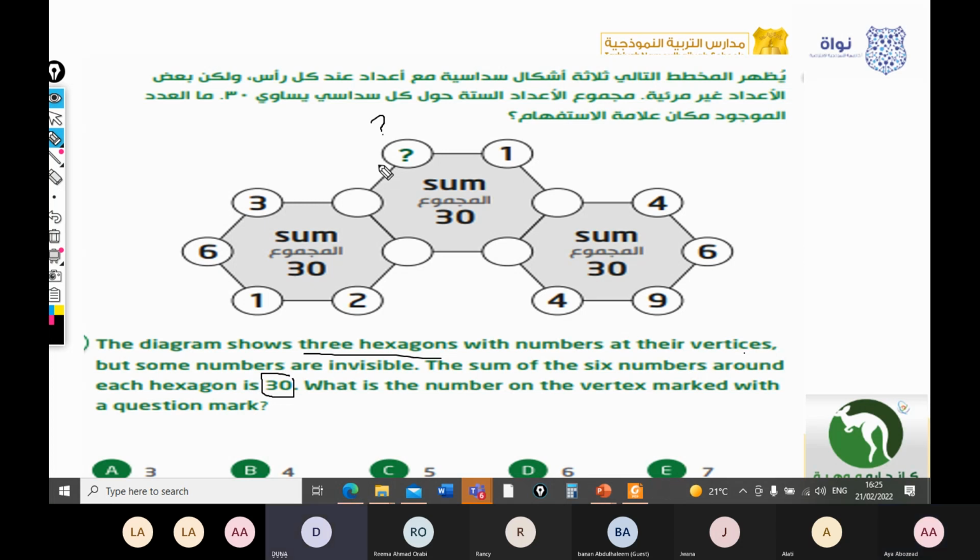So we can choose from 1 to 9, and to choose for this question mark you have from 3 to 7, but the numbers around each hexagon are from 1 to 9. Also, you can repeat. Look, I have 4 and I have another 4, so I can repeat on the same hexagon.